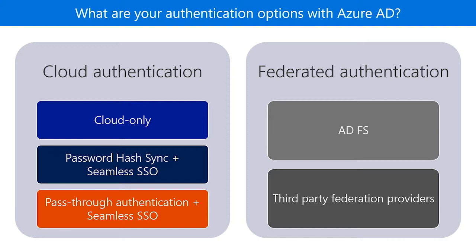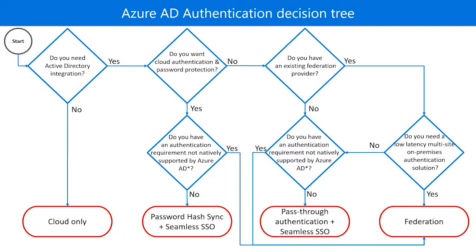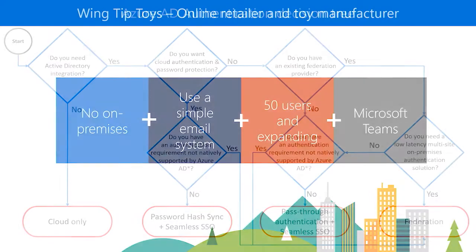Federated authentication is the best fit for organizations which need advanced requirements that are not natively supported in Azure AD. This decision tree will make it easier for you to choose the right authentication method for your organization. You can use it to determine what is the best method by answering a few simple questions. Let's explore a few examples with this decision tree.